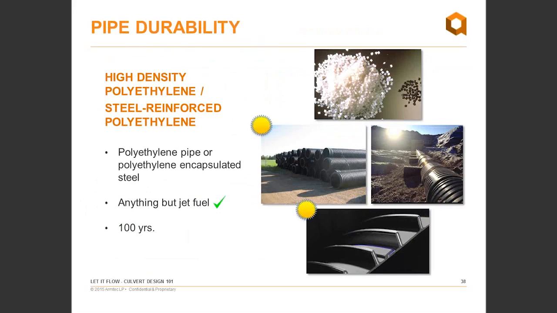It is nearly completely inert and has very high abrasion resistance, actually better than all the common pipe materials available. And there is absolutely no risk of corrosion. It's so inert that if you looked at all the chemical resistance data, it would be tough to find chemicals that can harm polyethylene. Jet fuel can't, so no jet fuel.